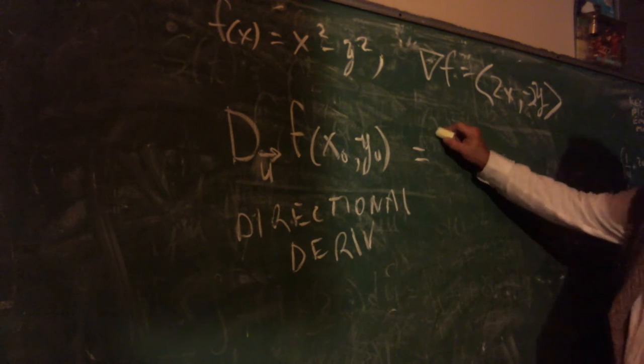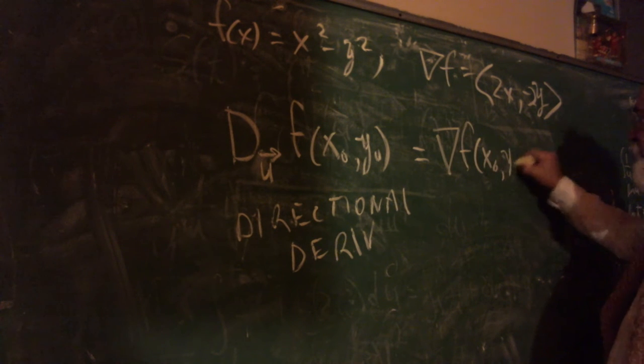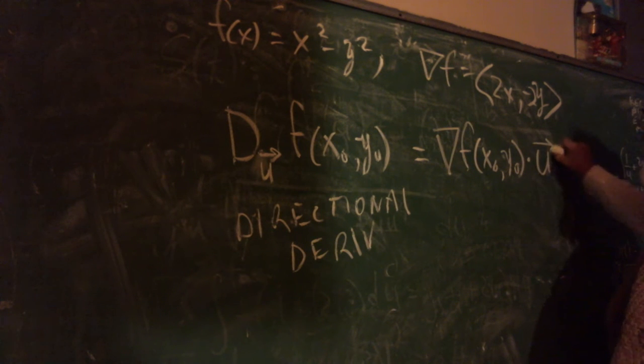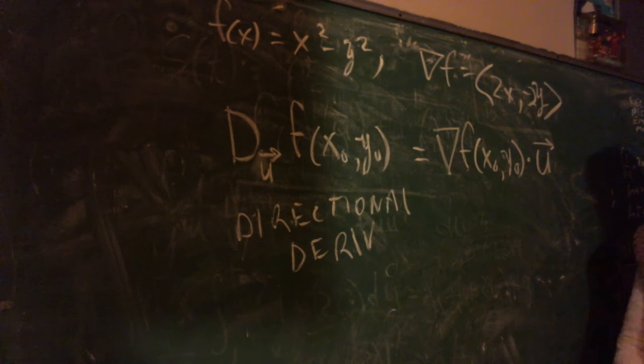The actual formula is grad f evaluated at x0, y0, dotted with a unit vector. It's got to be a unit vector right here because it doesn't contribute to the size of the calculation.